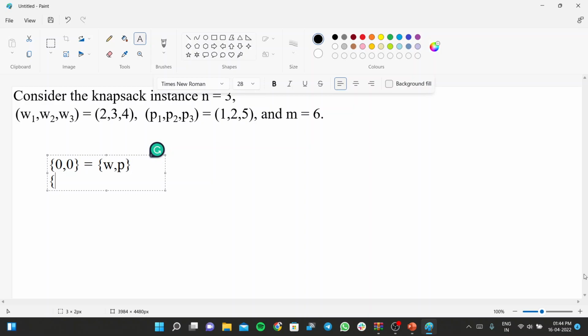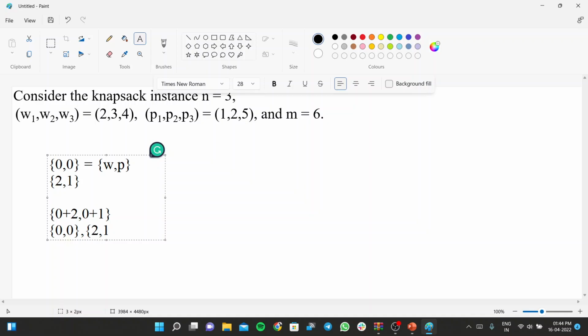Now we will add the first weight, that is 2, and profit, that is 1. We do that like this: 0 plus 2 comma 0 plus 1, and after adding we write both.